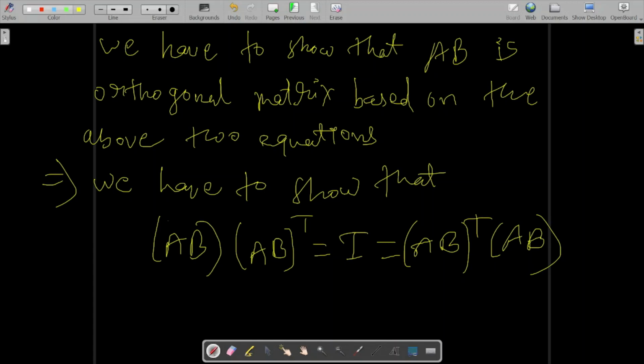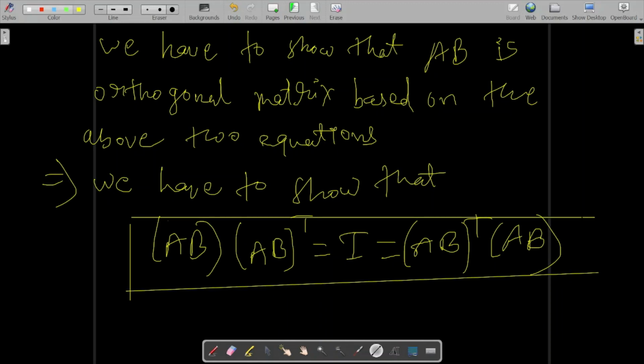So in order to prove that AB is an orthogonal matrix based on the two equations on the previous page, we have to show this thing. Okay, in short, if we prove this, then we can clearly say that AB is orthogonal, right?